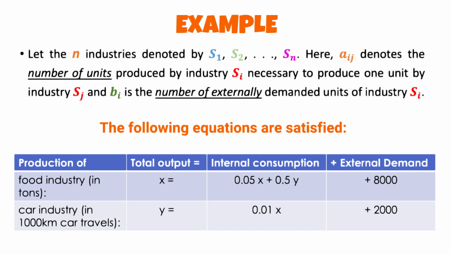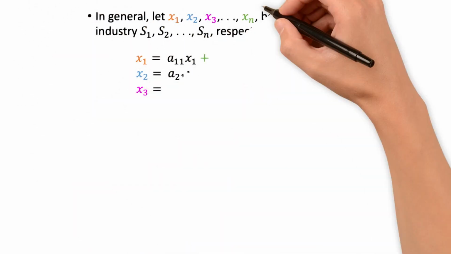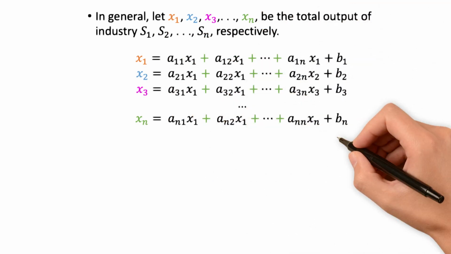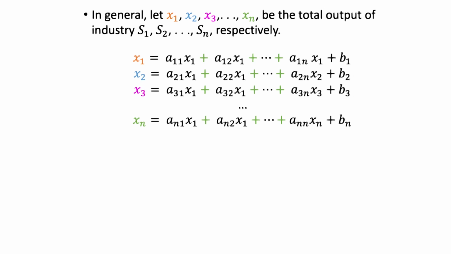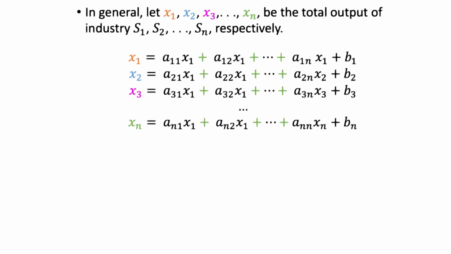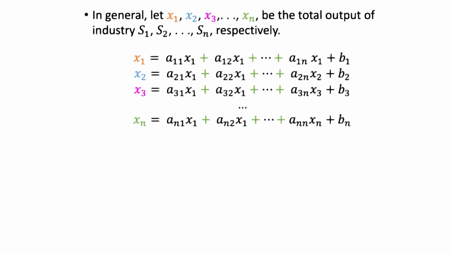In general, we let X1, X2, X3, until Xn be the total output of industries S1, S2, until Sn, respectively. For example, in this case, X1 equals A11 X1 plus A12 X2 plus A1n Xn plus B1.